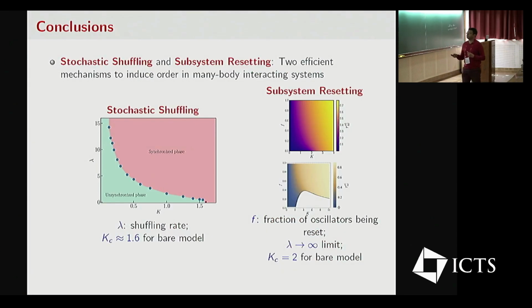Indeed, so this is the main conclusion. The question that I started out with was, I have a many-body interacting system that shows an order to disorder transition. I am in a parameter regime in which the system doesn't like to order, and can I induce order in the system by doing something? And that something turns out to be either stochastic shuffling, which I mentioned was motivated by experiments with Wheatstone bridges.